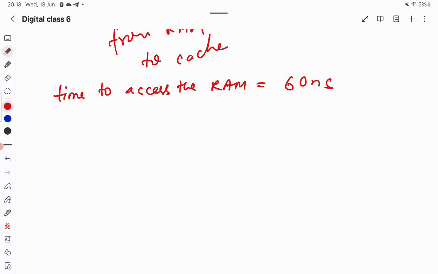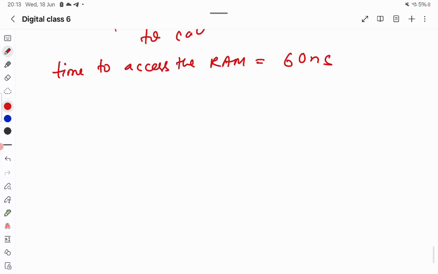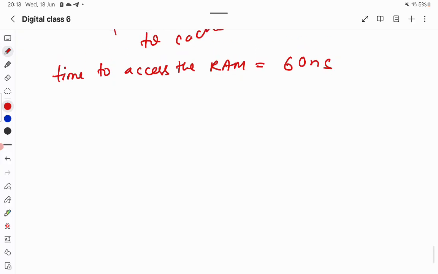Three times, right? Why 3 times? Yes, we have 3 hits. No, 3 misses. Whenever there is a miss, you go to the RAM and access it, right?